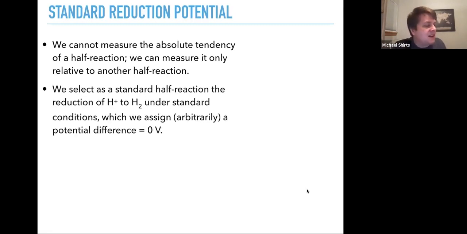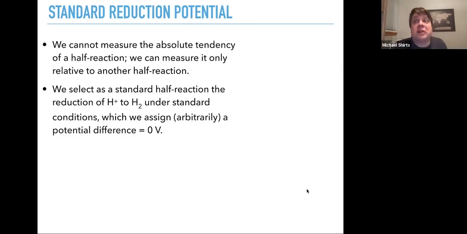So we select as a standard half reaction the reduction of H+ to H2 under standard conditions, i.e. 1 mole of 1 molar H+, very acidic, and H2 at 1 atmosphere. And we arbitrarily assign a potential difference of 0 volts.